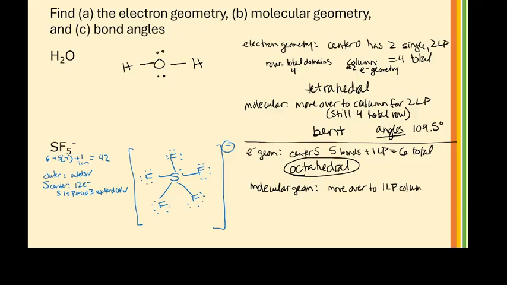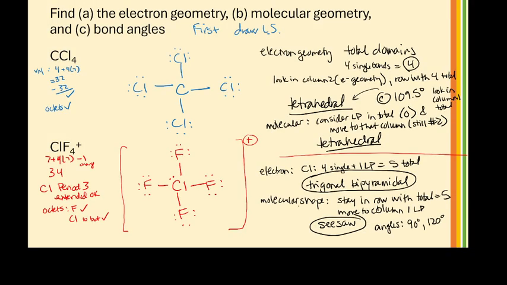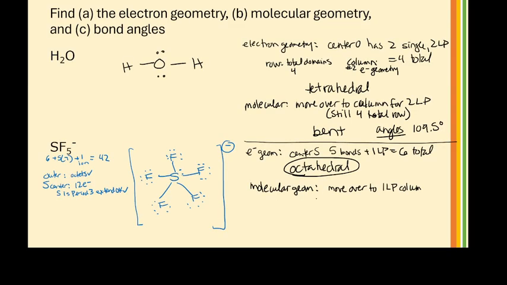I don't have that one memorized. Let me go back up to that one. So for 6, I'm in this bottom row here, and I'm going to the 1 lone pair column: square pyramidal.